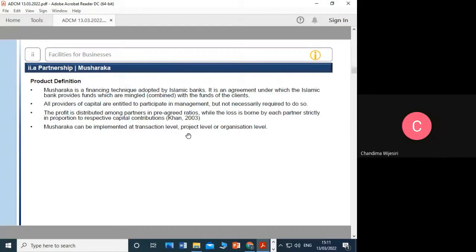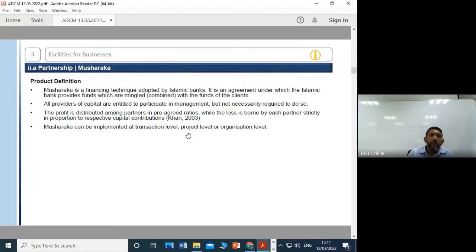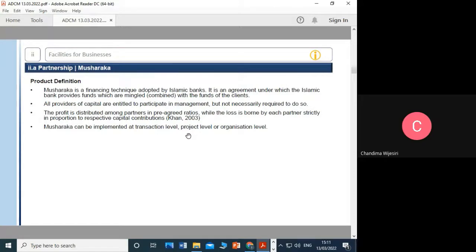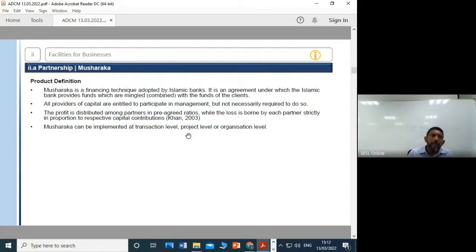Is the Musharaka capital the 200,000 or the amount contributed by the bank, the 100,000, as in your example? Musharaka capital is 200,000. Capital is contributed by both parties, the bank and the customer.